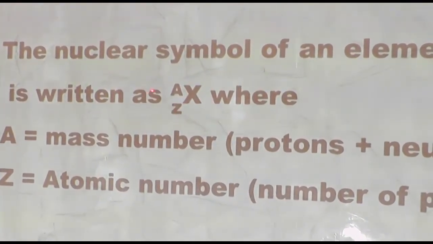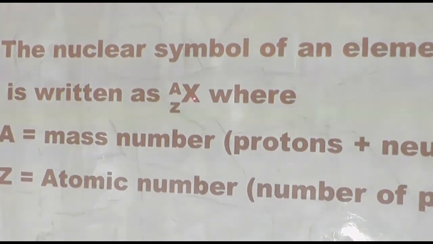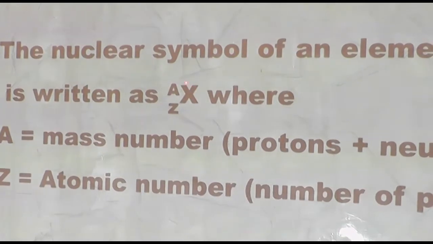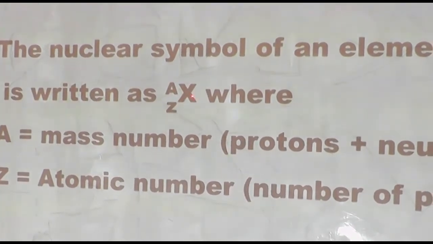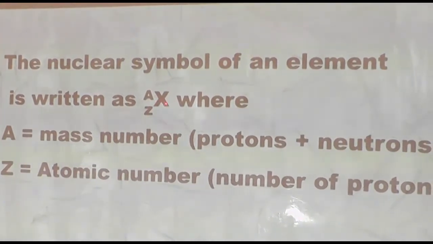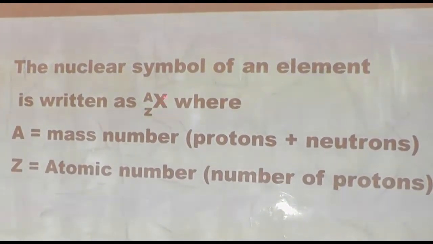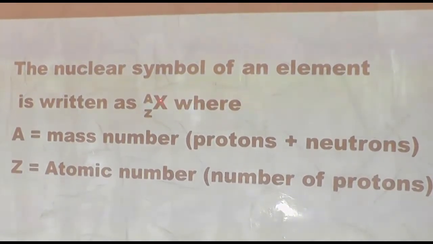But what is the element? The element is denoted as X, where X can be any of the 118 known elements. X can be hydrogen, helium, lithium, sodium, potassium, magnesium, aluminium, and so on and so forth.